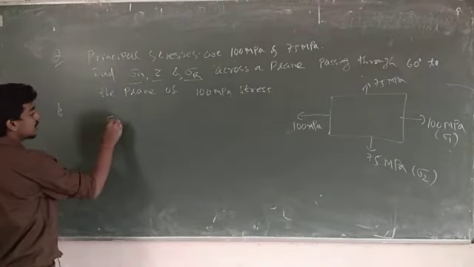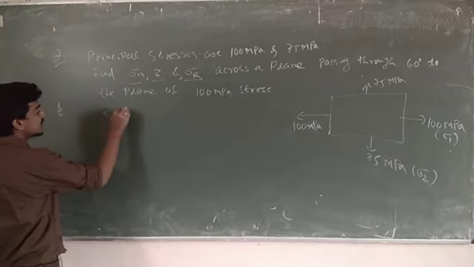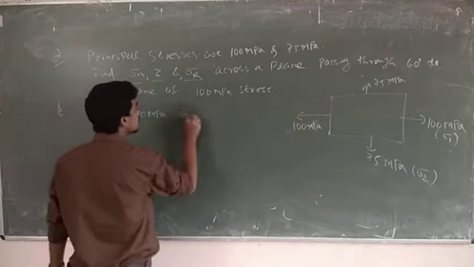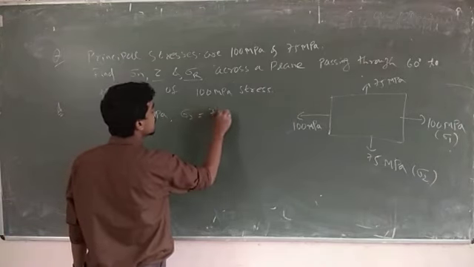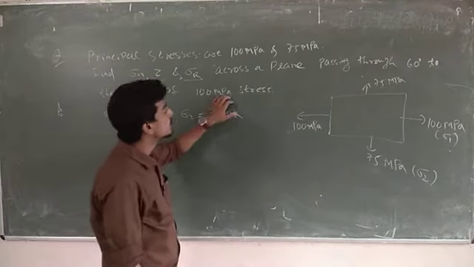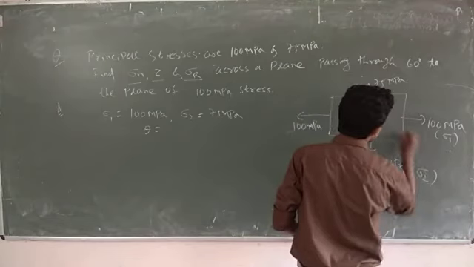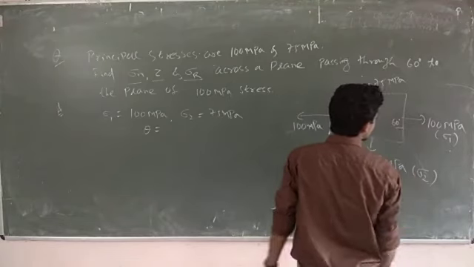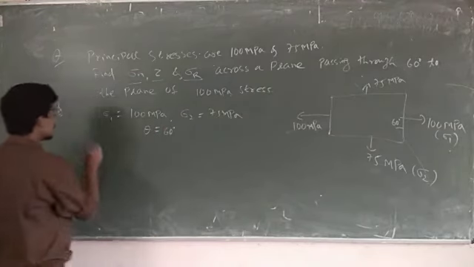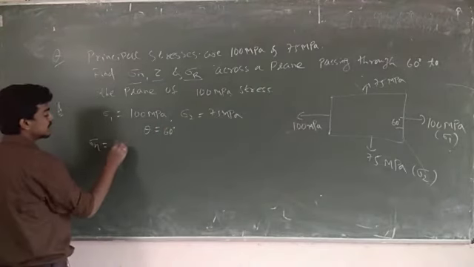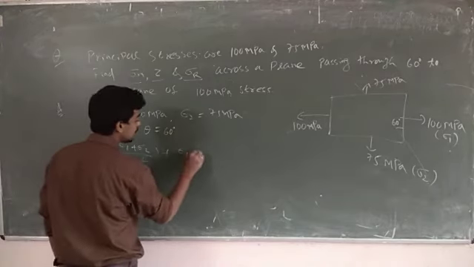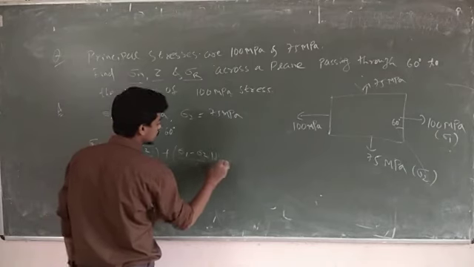First, write down the given data: sigma 1 is 100 megapascal, sigma 2 is 75 megapascal, and theta is 60 degrees. Just put the values in sigma n equals sigma 1 plus sigma 2 by 2 plus sigma 1 minus sigma 2 by 2 cos 2 theta.